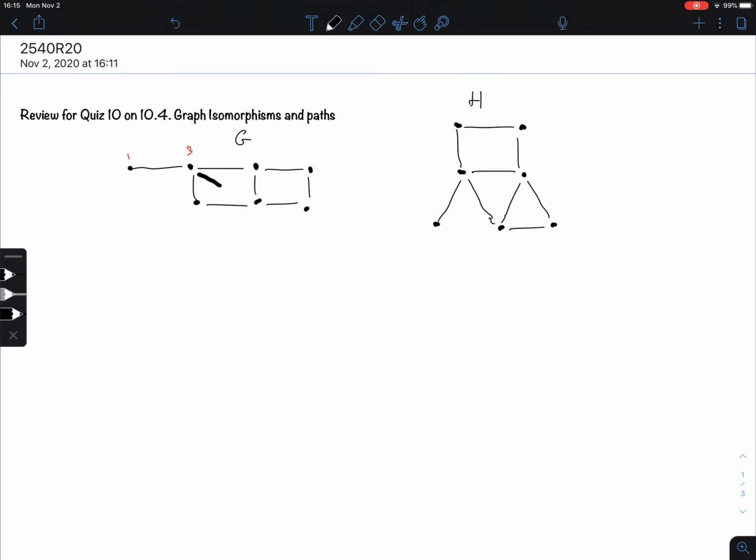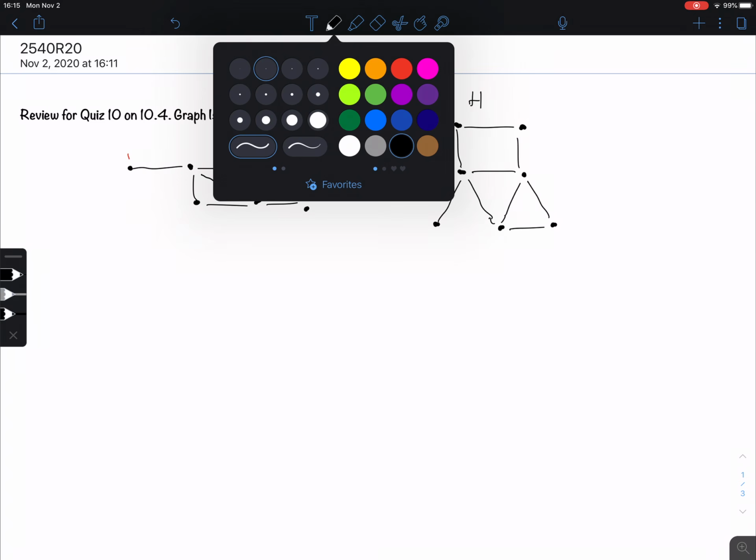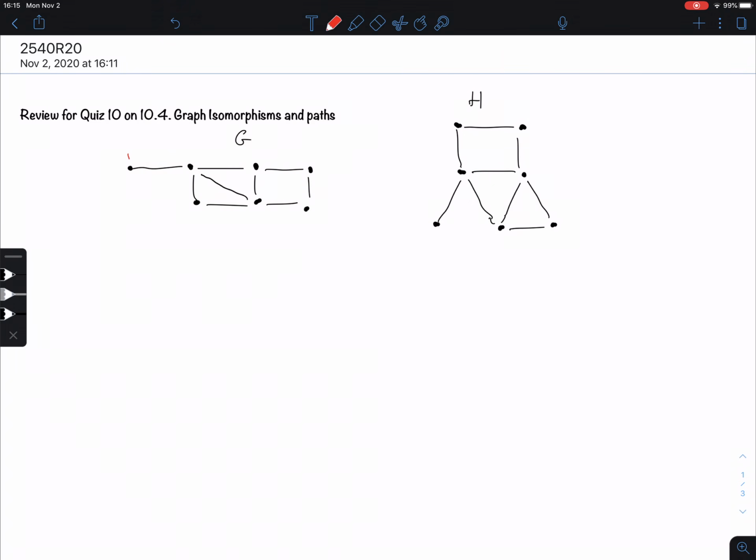Yes, it has to be this here. Oops, not this line. So okay, sorry. So this is degree 4. Sorry about that. This has degree 3, degree 2, degree 2, degree 4, and degree 2. And what we have here: 2, 2, 4, 4, 1, 3, and 2.